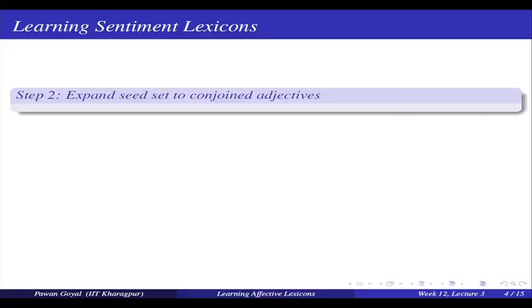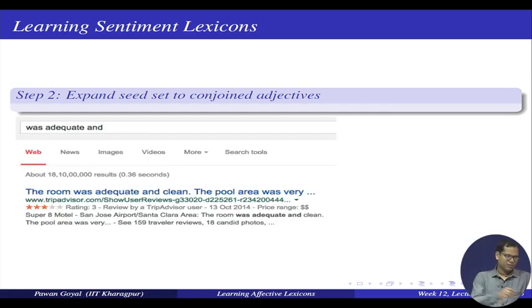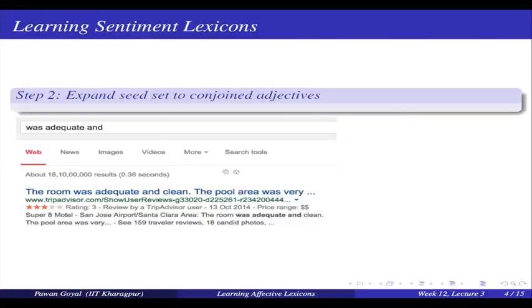I want to expand my seed set to conjoined adjectives. So I can search on the web for was adequate and. That way I will find words with a positive polarity similar to adequate. Suppose I find a result like: the room was adequate and clean. Immediately I'll say clean will probably have a positive polarity too.